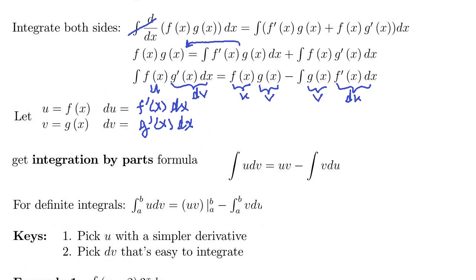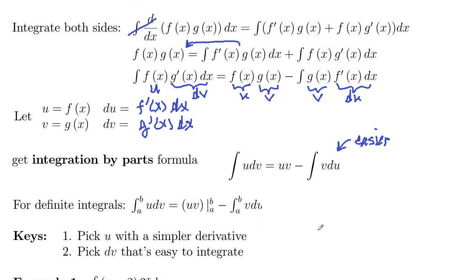So I can abbreviate this as the integral of u dv is uv minus the integral of v du, and that is what's called the integration by parts formula. So with integration by parts, you don't actually do the substitutions, but what you're doing is taking an integral of the form u dv, and changing it into a product of functions minus an integral of the form v du, and we hope that this integral is an easier integral to work.